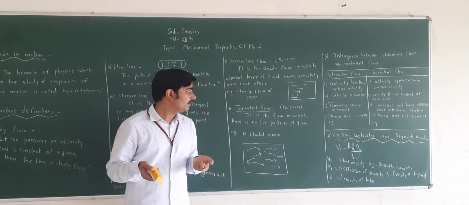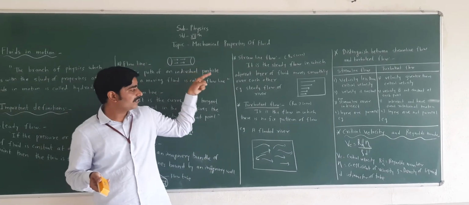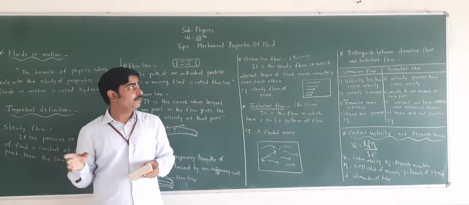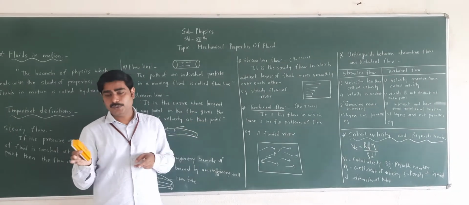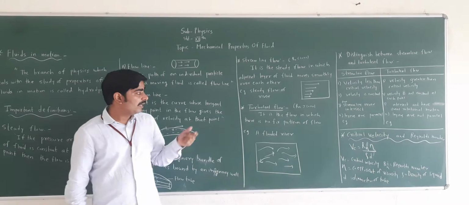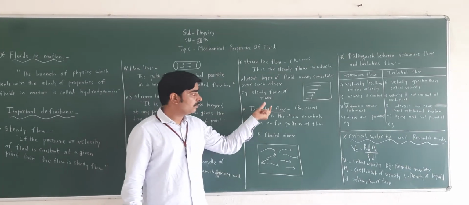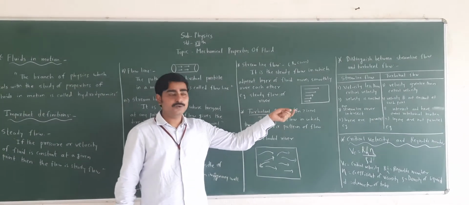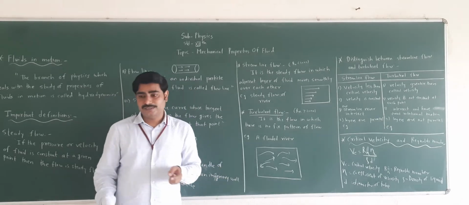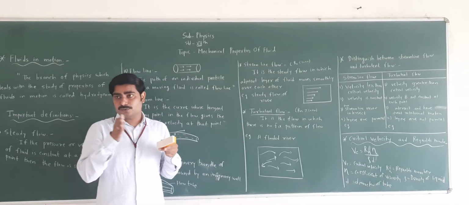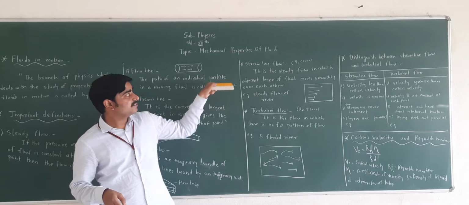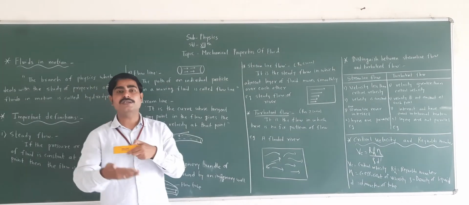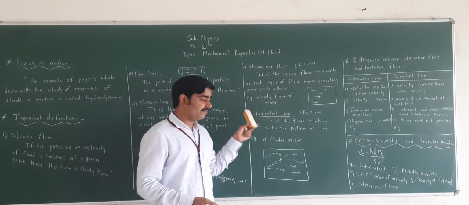So what can we say regarding streamline flow and turbulent flow? For streamline flow, the Reynolds number has a value less than 1000, and for turbulent flow, the Reynolds number has a value greater than 2000. And if the value is between 1000 and 2000, then we can say that the streamline flow is getting converted into turbulent flow.